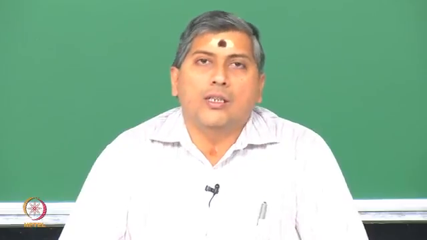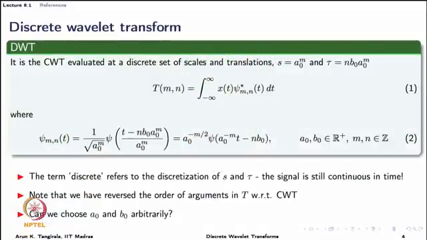So, let us now look at the definition of DWT. Again, we know that DWT is a CWT evaluated at specific scales. Now, what kind of scales are we looking at? Exponential scales, a naught raised to m, where m is an integer and a naught is a number that I am free to choose.